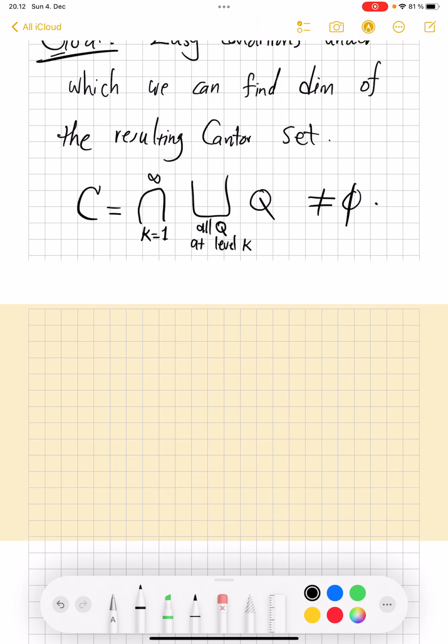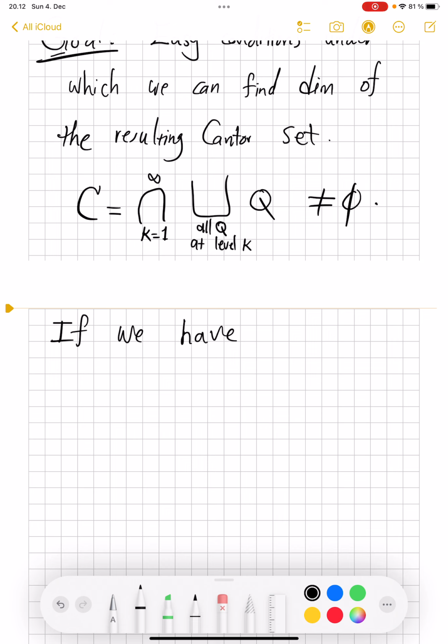So what happens is we require some geometric properties for the choices.